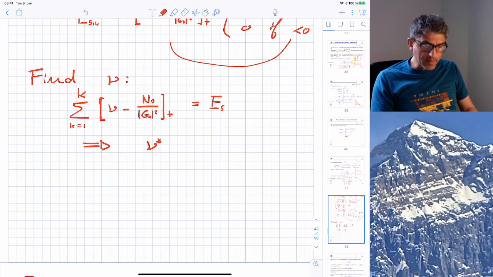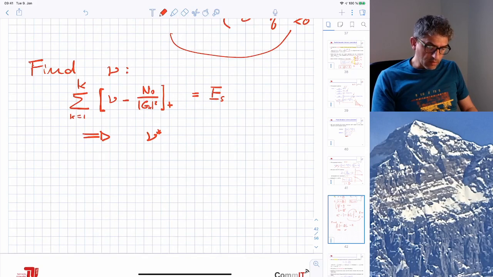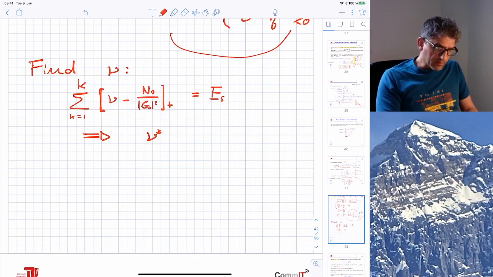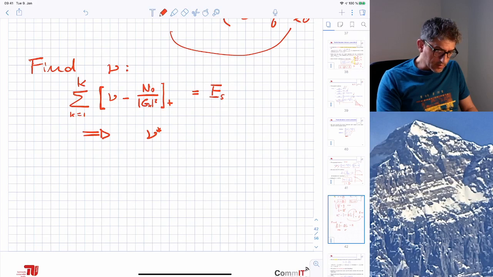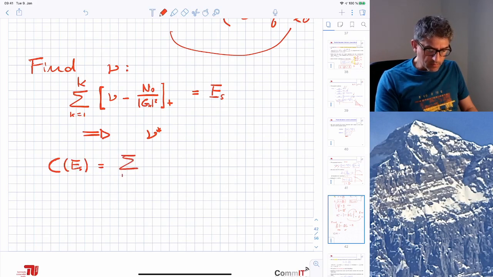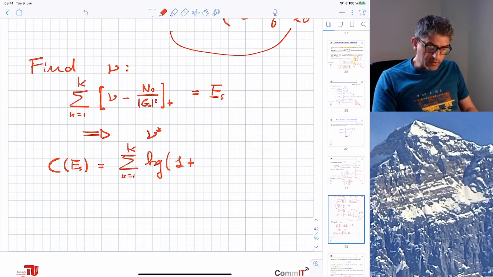Then we replace back the nu star found, and what is our objective function? Well, our objective function, say C of E, the capacity cost function, will be the sum over k of logarithm of 1 plus E_k star times g_k squared divided by n0.